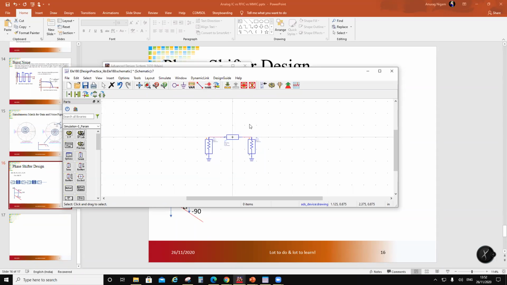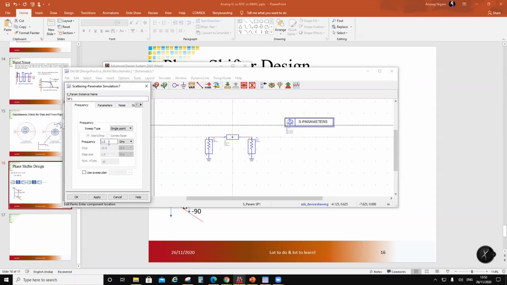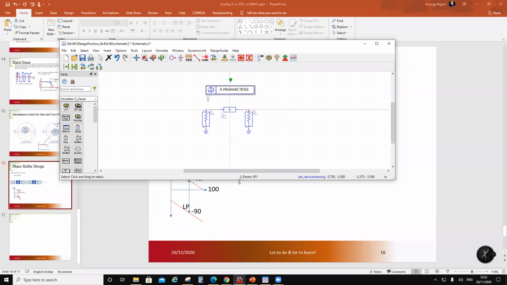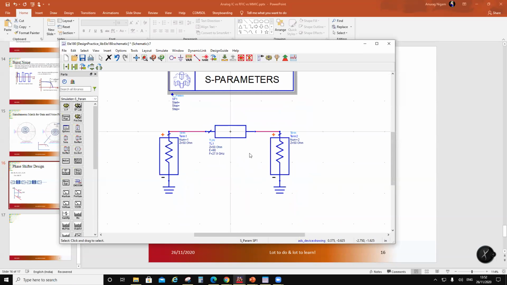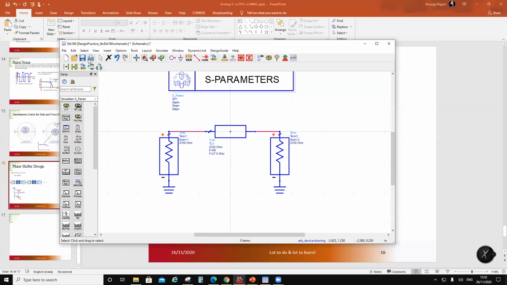My frequency is a single point frequency of 27.9 gigahertz. Up to here, there is no problem. Then I am going to get Y parameters and Z parameters, not group delay. And I'm going to simulate this.